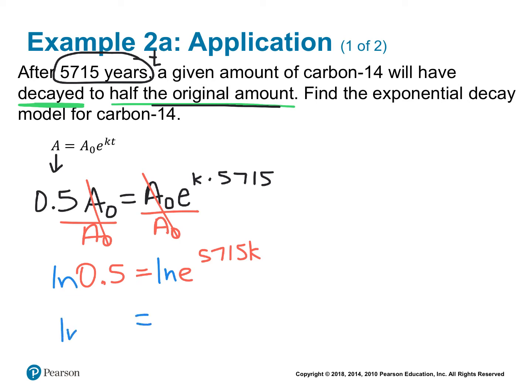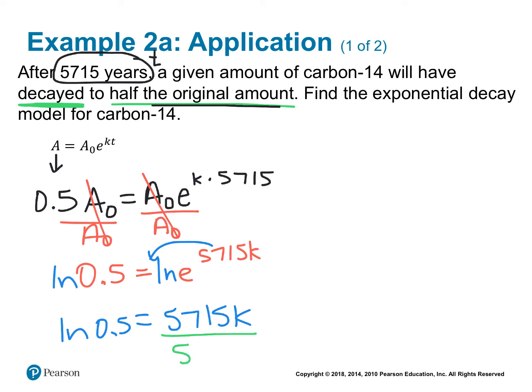So that gives you a natural log of 0.5 equals, go ahead and bring this out front. Natural log of E cancels out, so we can finally do a division step at the end to finish this.